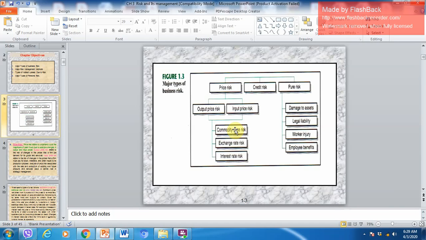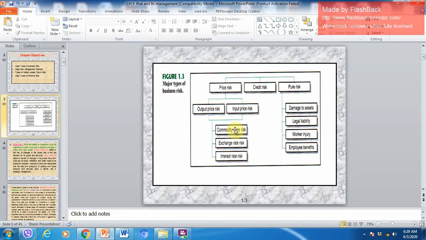Commodity price risk arises from fluctuations in the prices of commodities such as oil, copper, gas and electricity, etc., that are inputs for some firms and output for others. For example, you buy raw material from a supplier.